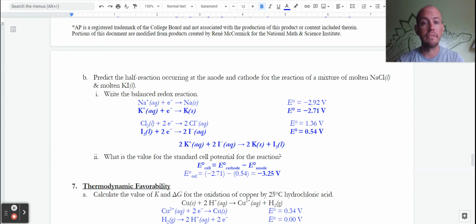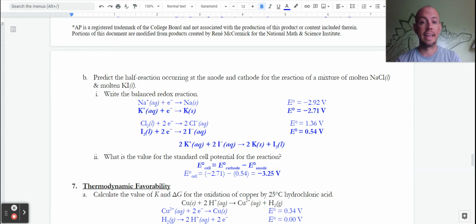And hopefully that would be obvious if we were to write this out anyway, that we would need 2 on my potassiums. But I would be making potassium solid and iodine probably liquid, maybe solid, depending on the temperature there. And then I'd take my negative minus a negative to get an even more negative value. This would require a little bit more than 3 volts in our solutions.